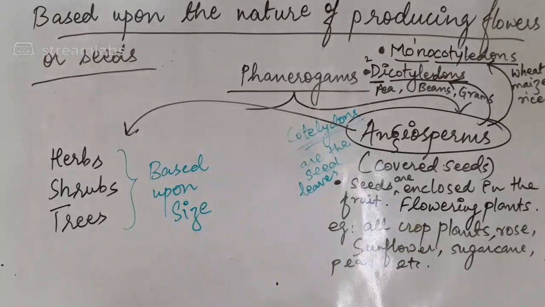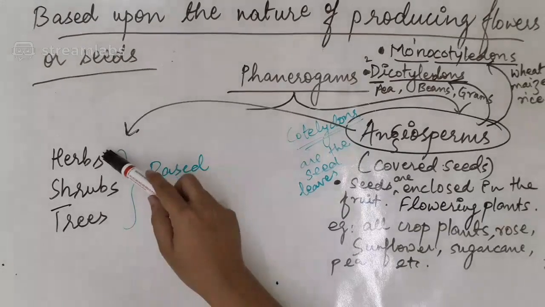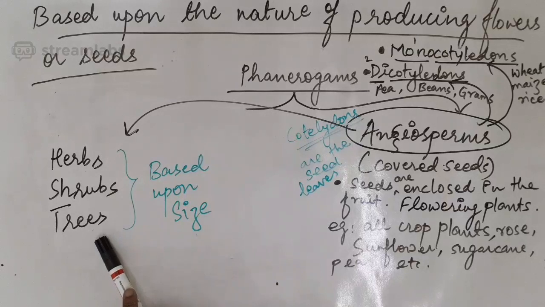Okay, the smallest, the tallest. Herbs are short, slender or flexible stems. Example, mint, pea, rice, spinach, mustard, tulsi, etc.